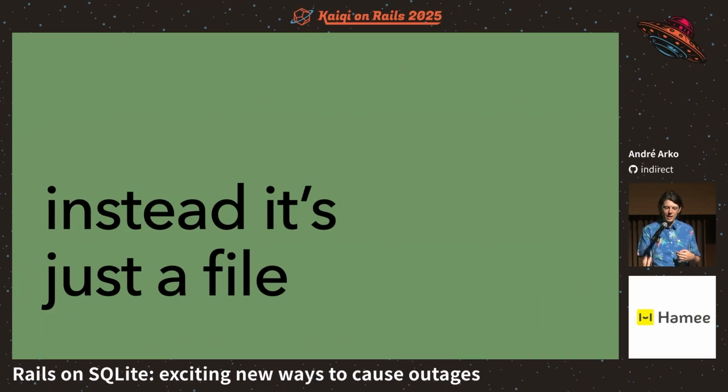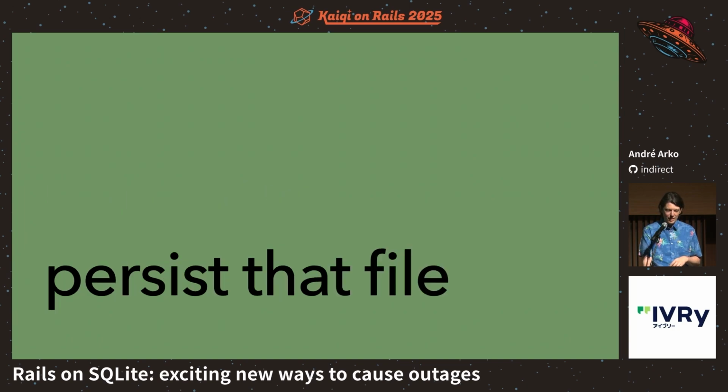If you run on a container service, anytime your container restarts, all of the files inside the container are deleted and they're now gone. So in a world of containers, it can sometimes be easy to miss that your new SQLite database is on an ephemeral file system and it will disappear along with the Puma process when it restarts.